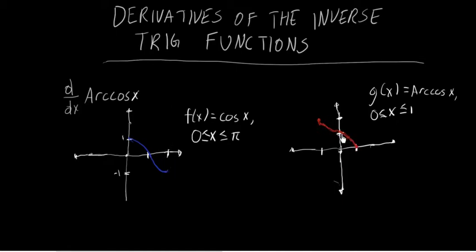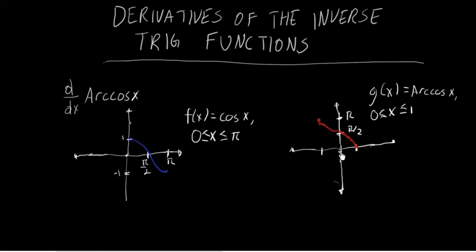And here we have the inverse of the domain-restricted cosine function, the principal arccosine function. And here we notice the range of the arccosine function corresponds to the domain of the domain-restricted cosine function. So this is pi over 2, and this is pi, and here this is pi over 2, and this is pi.